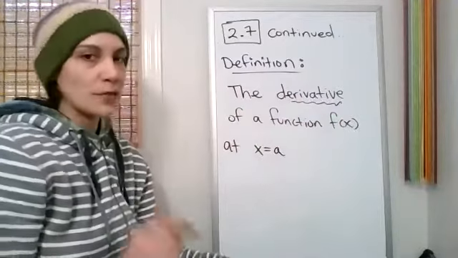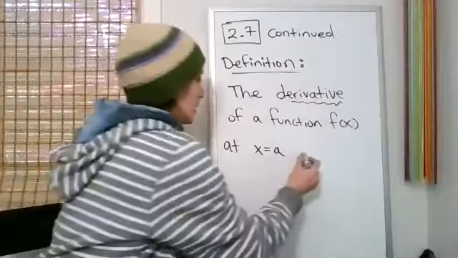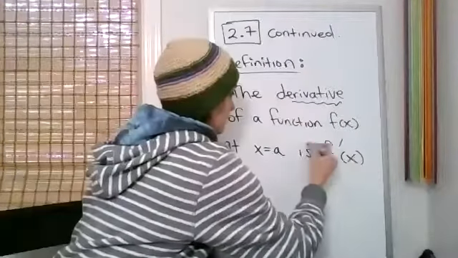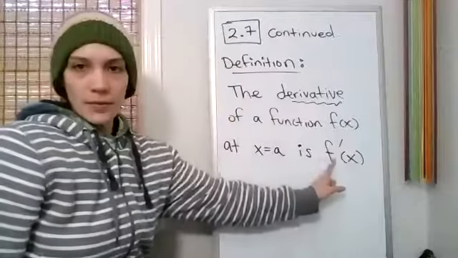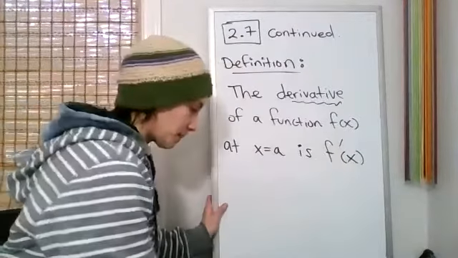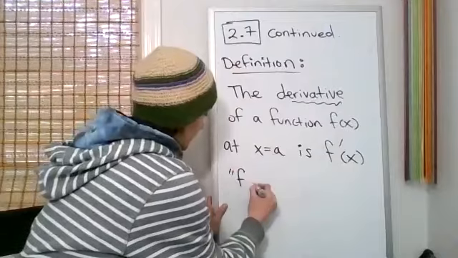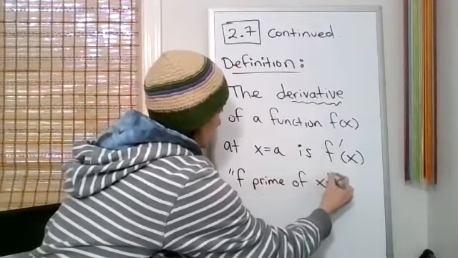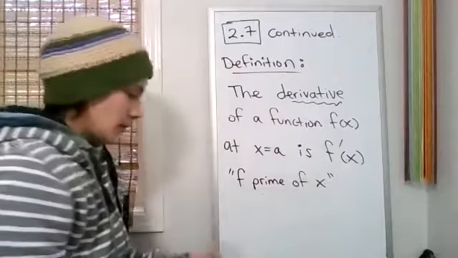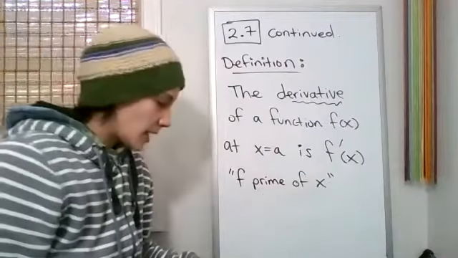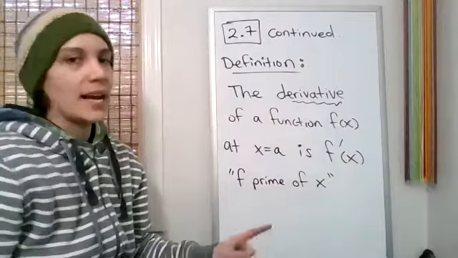Okay, it's written f prime of x. So f prime of x. Okay, and it describes the slope of the tangent line to f of x at x equals a.